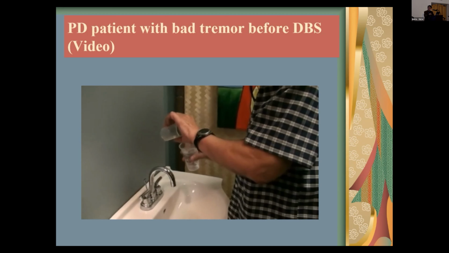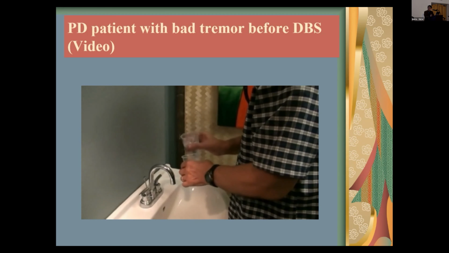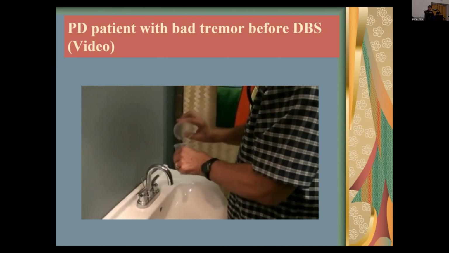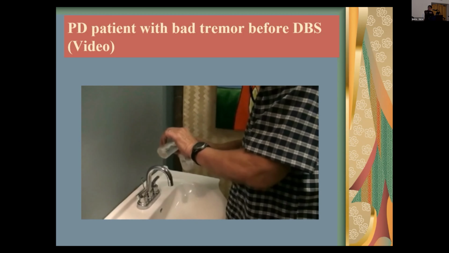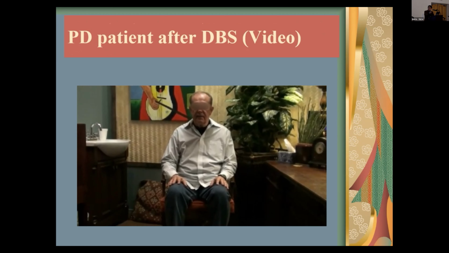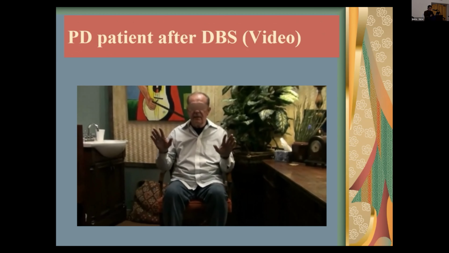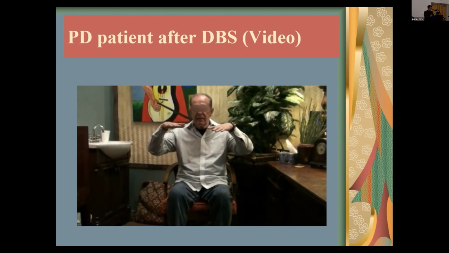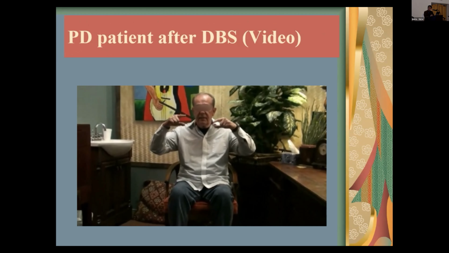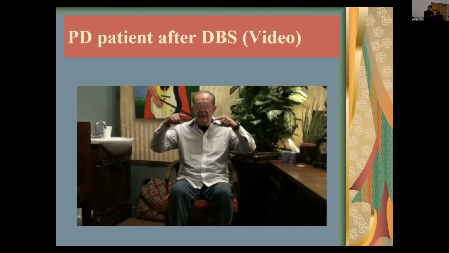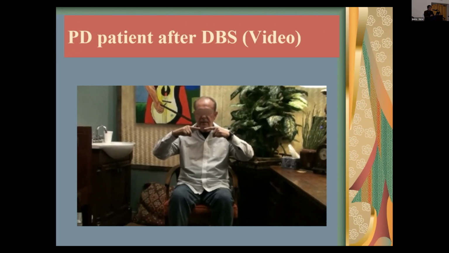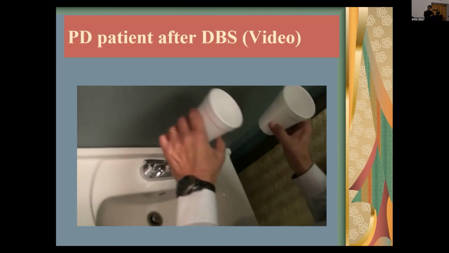So these are the type of patients that make it to deep brain stimulation sooner than later. And then I'm going to show you next his video, about a month after DBS. So it's a remarkable improvement of tremor. And many of these patients with tremor predominant Parkinson's, we just discontinue all their medicines after DBS.